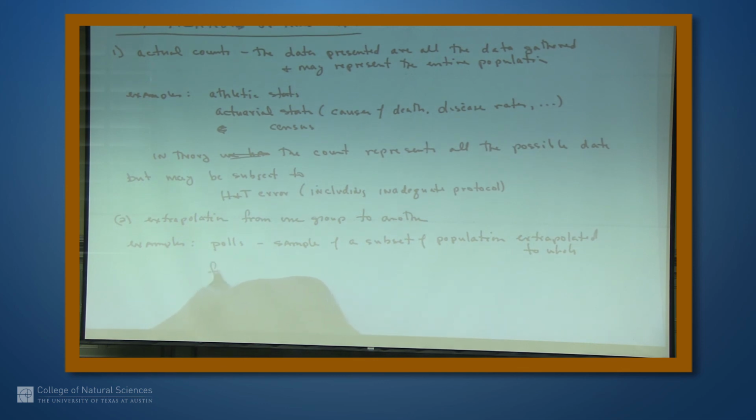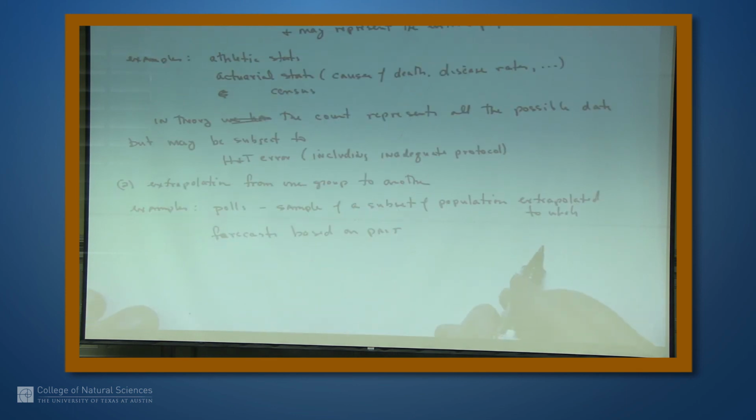There are often future forecasts, if you will, based on the past, which is another form of this.